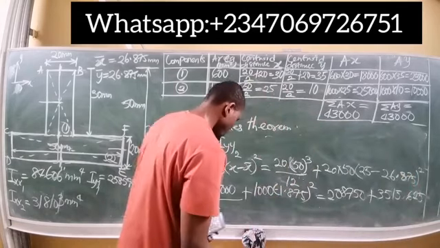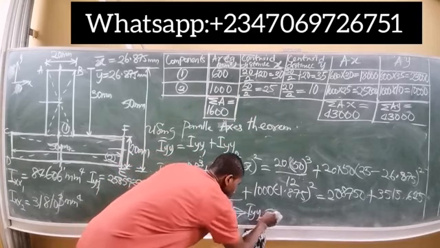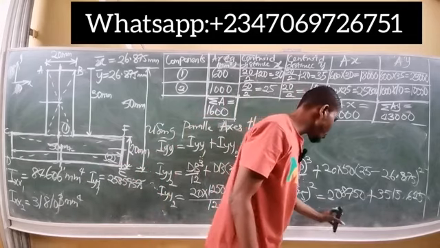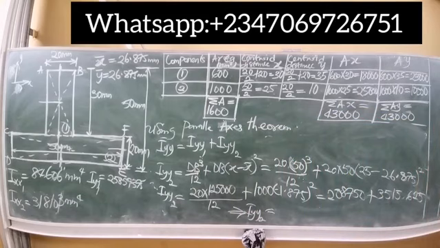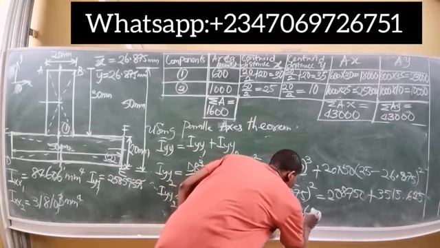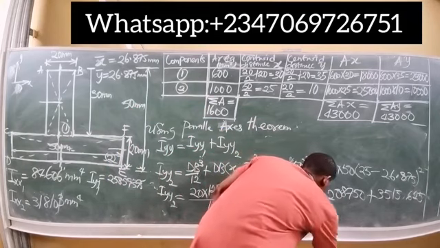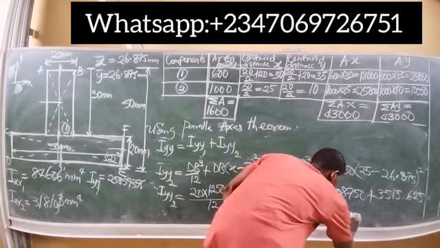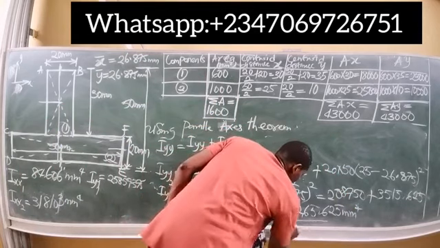If you sum them up together, Iyy2 is now equal to 208,750 plus 3,515.625, that gives us 212,265.625 millimeter to the fourth. So that gives you the moment of inertia for the second segment.